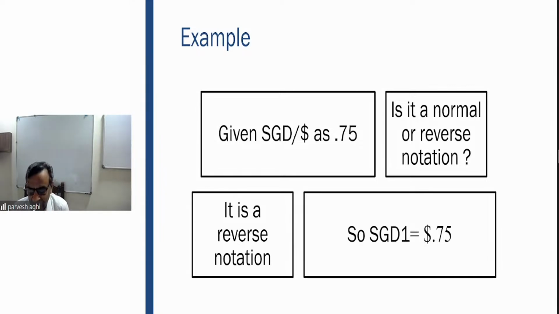Because we know that for 1 Singapore dollar, you will get less. Okay, it's a reverse, not normal. So 1 Singapore dollar is equal to 0.75. Okay, so you get only 0.75, because the Singapore dollar is close to about 60 rupees or something. So you get less.